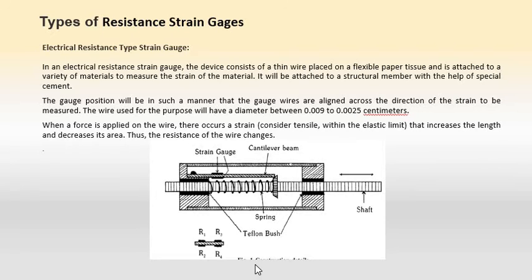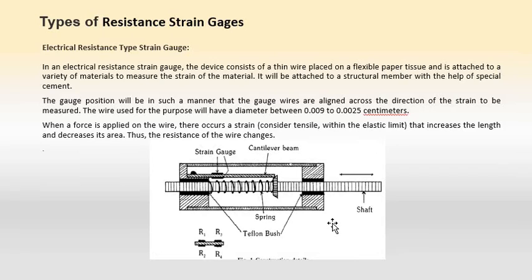Okay, so due to the compression, what will happen? The resistance will decrease, and compression means length is decreasing. As a result, the resistance is also decreasing. Now it should be measured in some other manner that I will explain later. So that is the working of this.